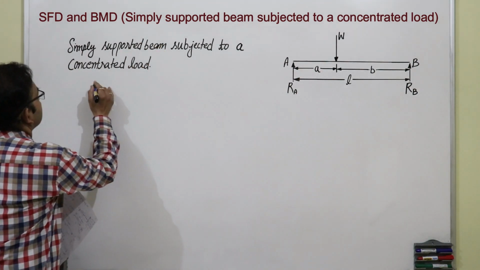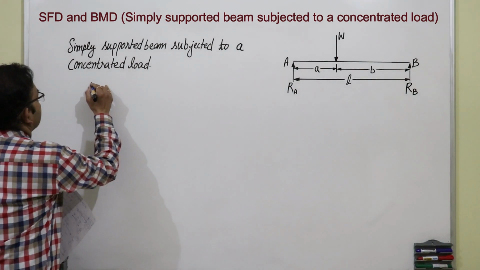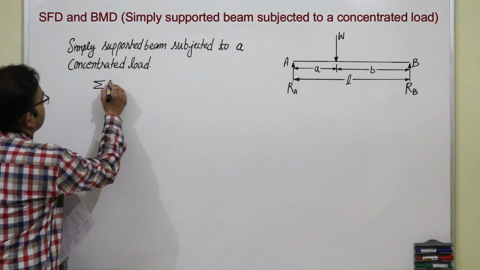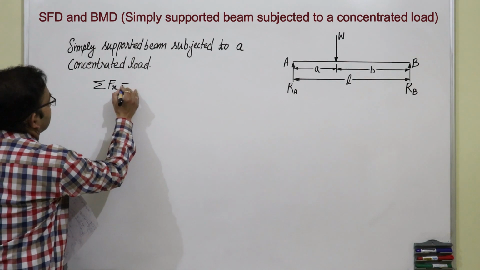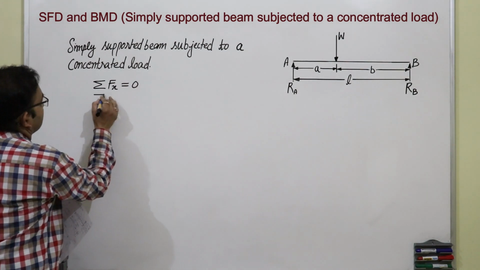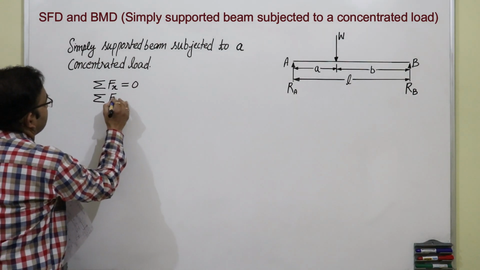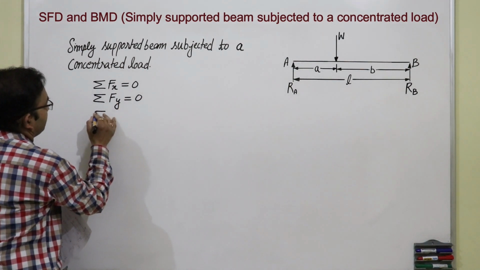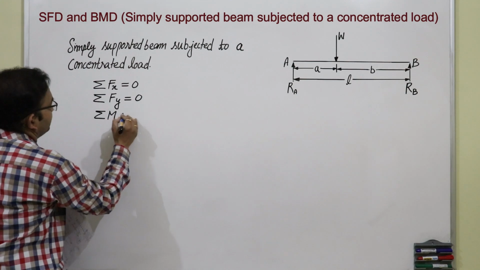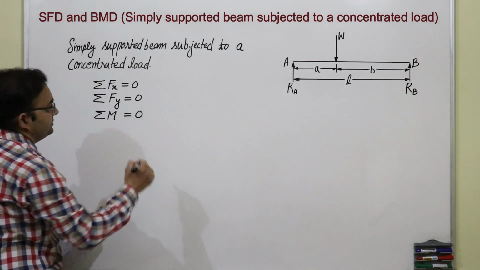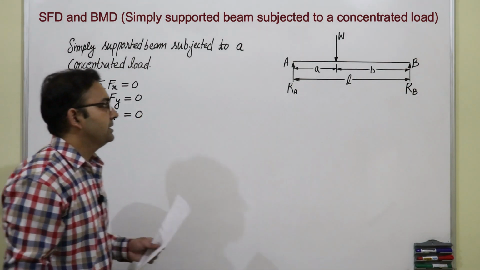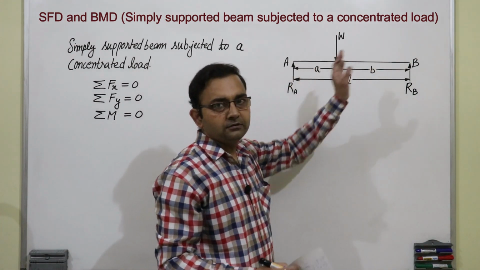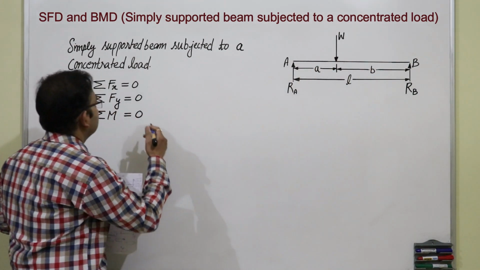So three conditions of equilibrium are: sum of horizontal force is 0, sum of vertical force is 0, and sum of moments is 0. So we can see here there is no horizontal force, so it is 0.